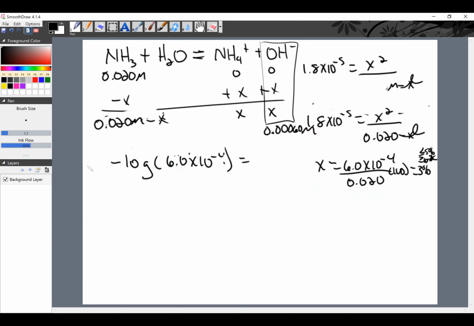And remember, this is a pOH. 3.22, which makes the pH 10.78.